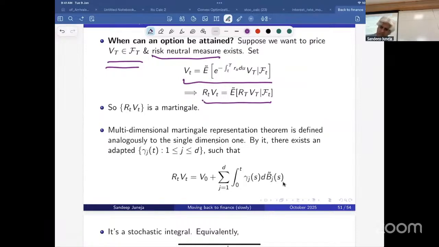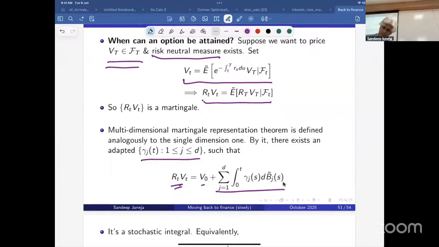I'm going exactly as I did in the single dimension setting. So I'll use the multi-dimensional martingale representation theorem. It's one of those nice results where it's an exact straightforward extension of the single dimensional theorem. Basically, there exist adapted processes gamma_j(t) so that any martingale looks like a stochastic integral with respect to all the d Brownian motions.